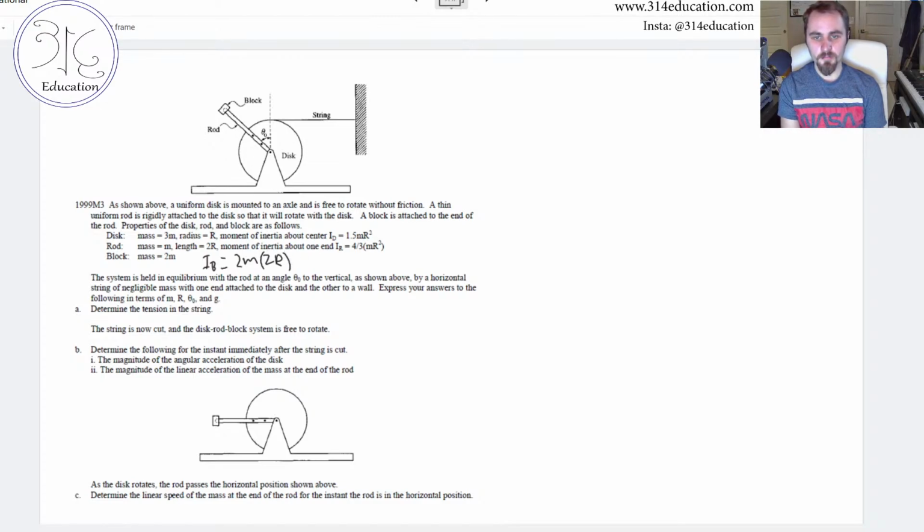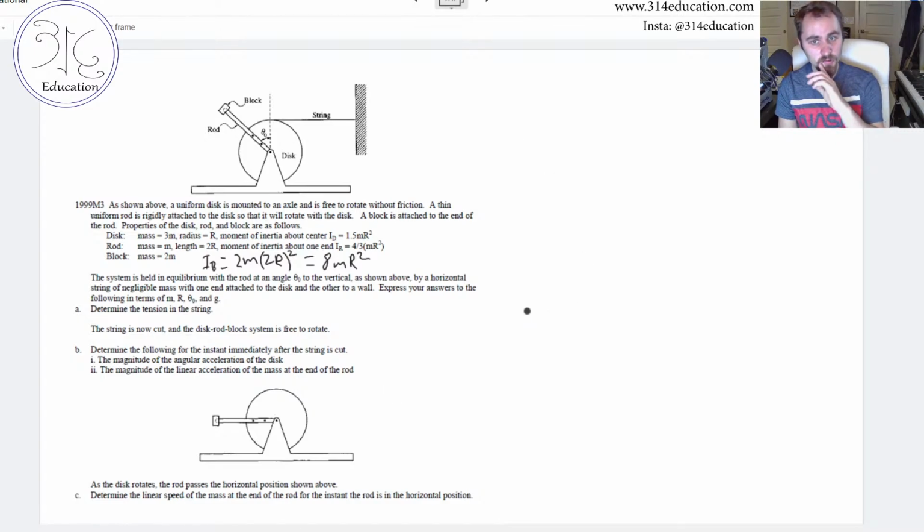So that then goes to 4. This is a moment of inertia of 8mr squared, the moment of inertia of the block. We didn't actually need to solve that for this, but this is going to help us later on in the problem here. So first, we would like to determine the tension in the string, excuse me.